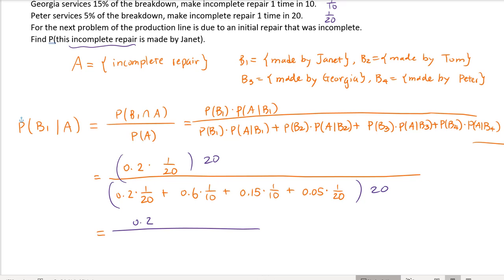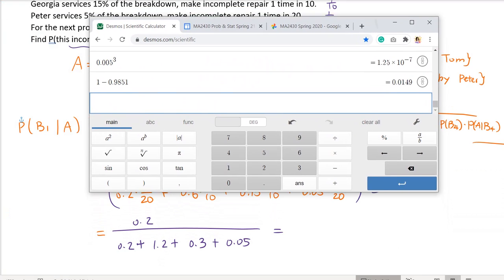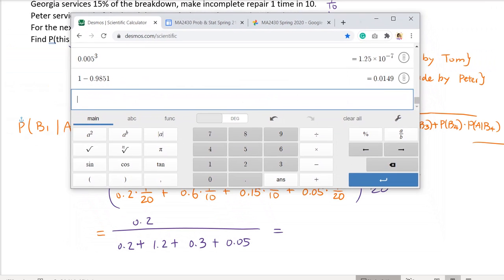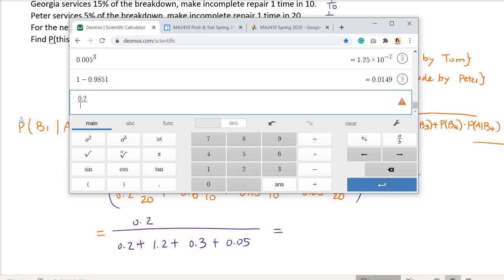The denominator now becomes 0.2 plus, so this is 10 and 20, they cancel, we get 2. 2 times 0.6 is 1.2. And also here, 2 times 0.15 is 0.3. And plus 0.05. I can put this in my calculator. See, it's much easier. Of course, if you want to put this whole long formula in, that's fine. Just up to you.